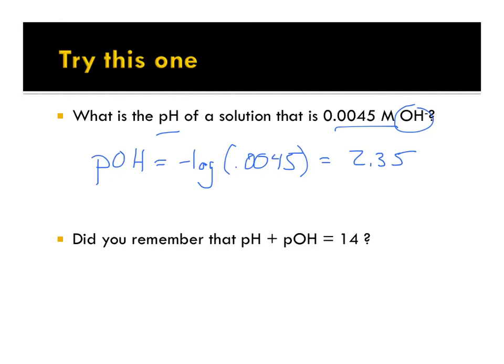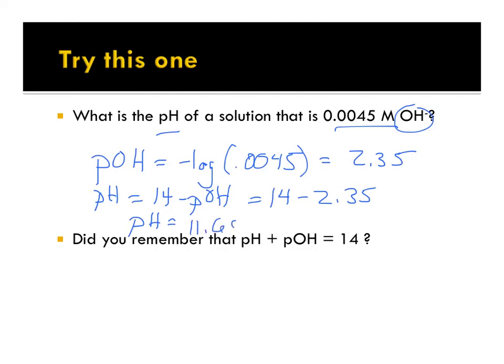And we know that pH equals 14 minus pOH, or 14 minus 2.35. So the pH is 11.65. This is a very high pH, so it's going to be a basic solution.